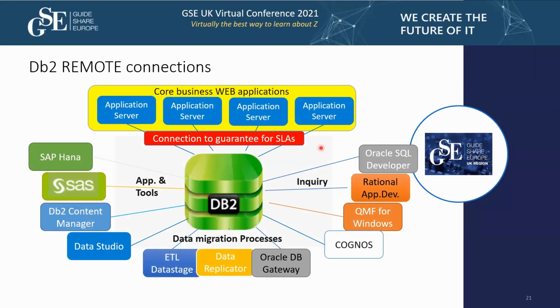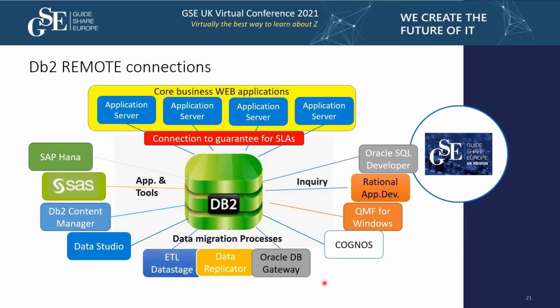So we have to guarantee enough free available threads on our Db2 pool. One suggestion to guarantee enough free threads in our pool is to limit all the other applications that want to connect to Db2. And I will show you how to do this with Db2 profile.